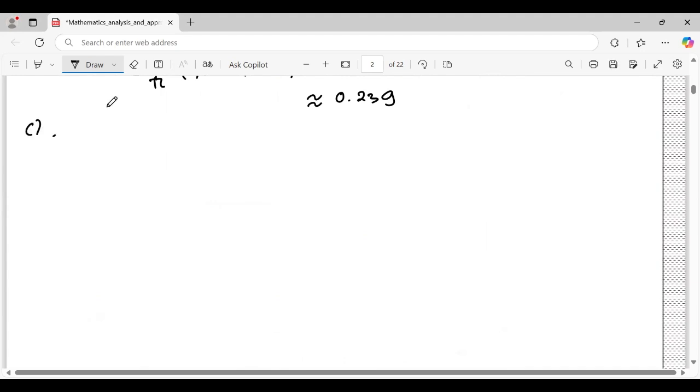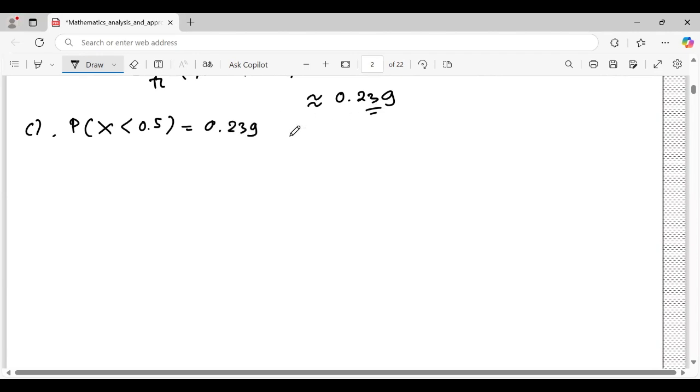To determine the least number of trials required to be 99% sure of at least one success, we can use the concept of binomial probability. The previous probability, X less than 0.5, equals 0.239.